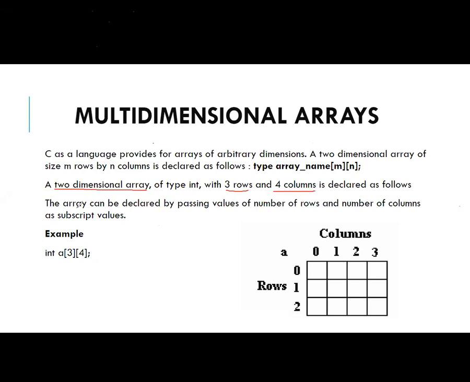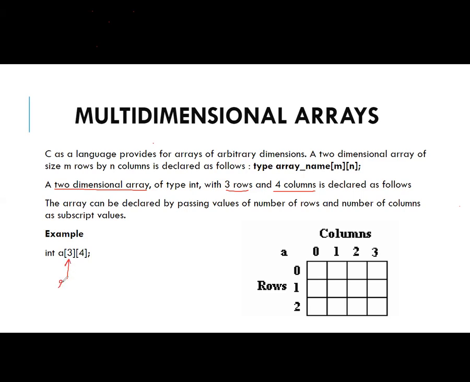The array can be declared by passing values of number of rows and columns. So here you can see now in a single dimensional array, you just had the size in terms of 1 square bracket. Now here you have 2 square brackets.